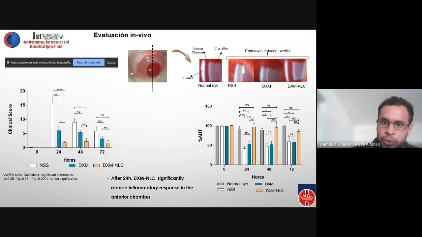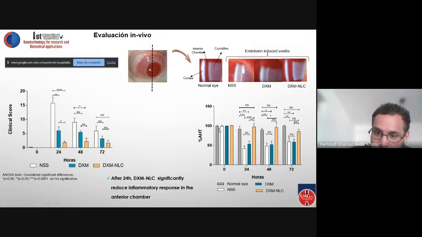So we proceeded to process the pictures in gray scale, and we evaluated the density of pixels in the anterior chamber pictures. In that way, we constructed something called aqueous humor transparency. And as I told you before, the more transparent the anterior chamber, the healthier the eye, we can say.